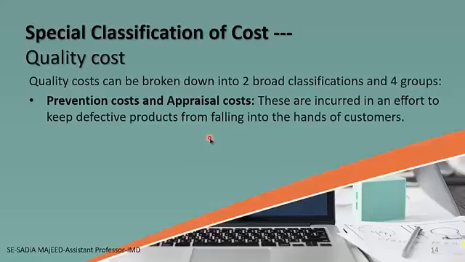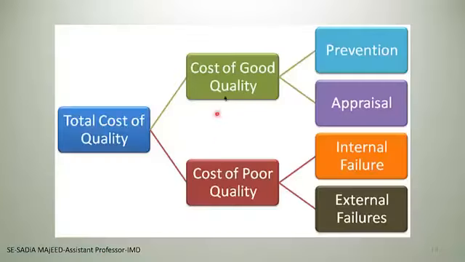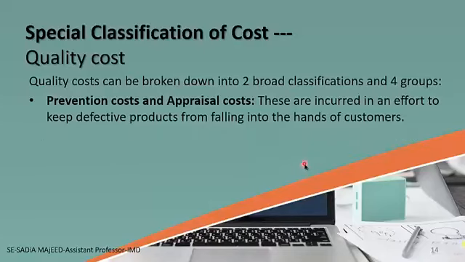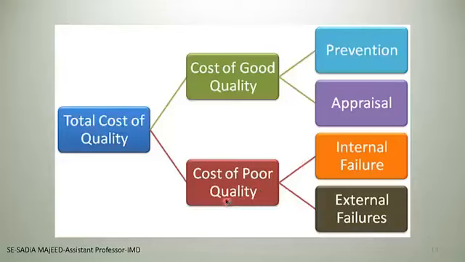This is the first classification of the quality cost, and it is known as the cost of good quality. The second classification of the quality cost is internal failure cost and external failure cost. These are incurred because defects are produced despite efforts to prevent them. And this classification is known as cost of poor quality.